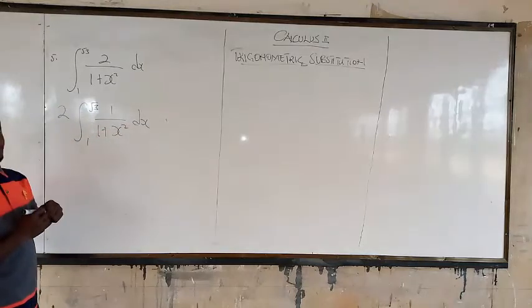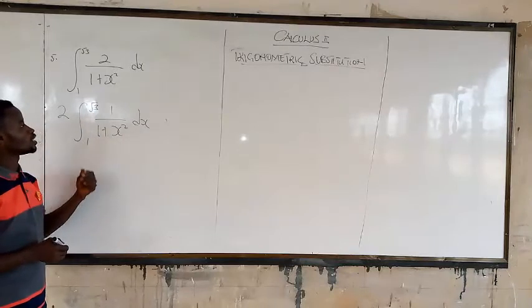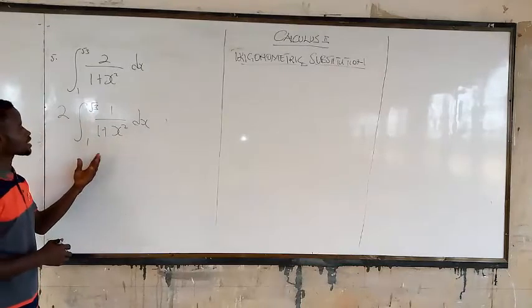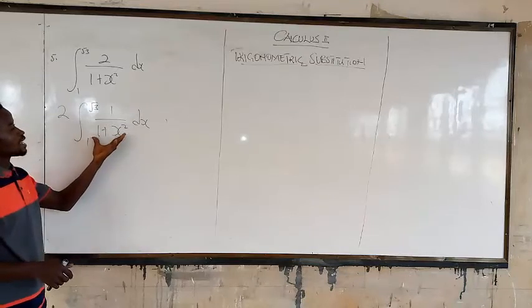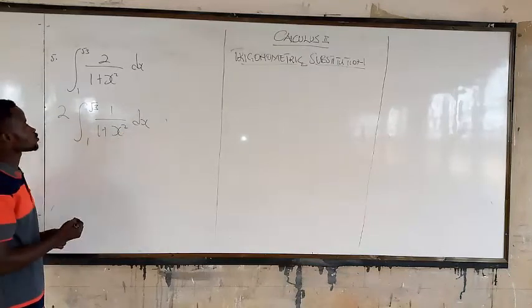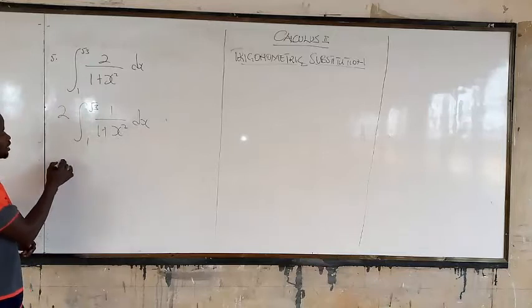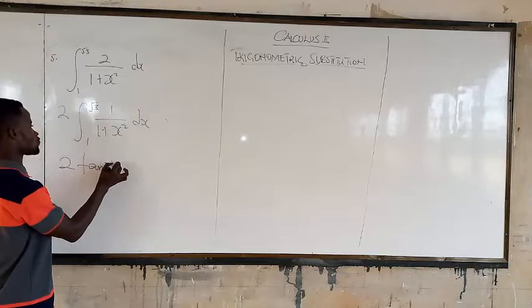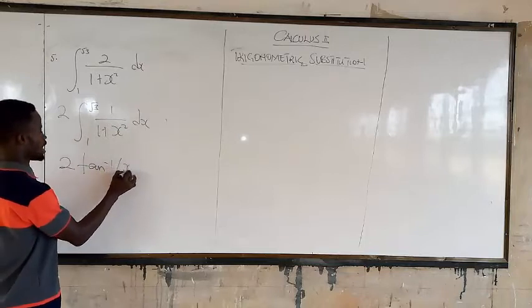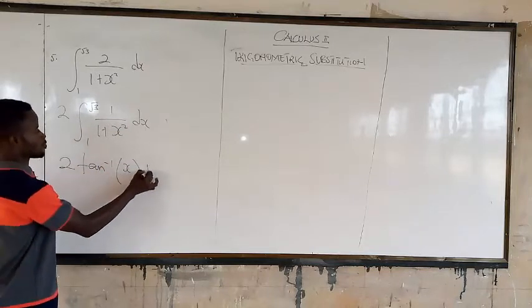Now to integrate this, we know that the integral function is what? Tan inverse. So straightforward. 2 tan inverse of x plus c.